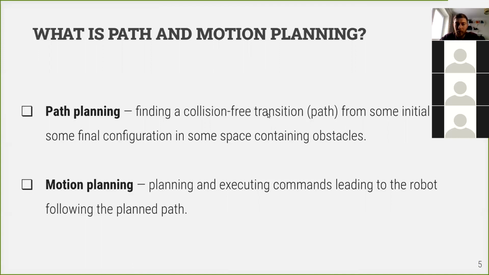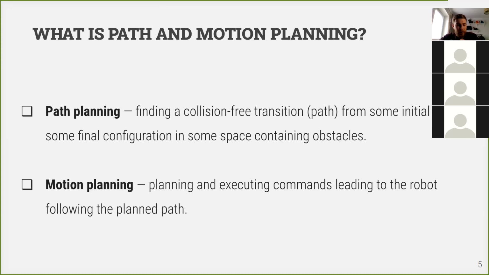We have a configuration of robot, and while speaking of mobile robotics, by configuration we usually mean the pose of the robot, so position x, y, and orientation theta. But the same term applies, for example, to industrial manipulators, and then by configuration we can mean, for example, angles of all joints and all links of an industrial manipulator, of a robotic arm.